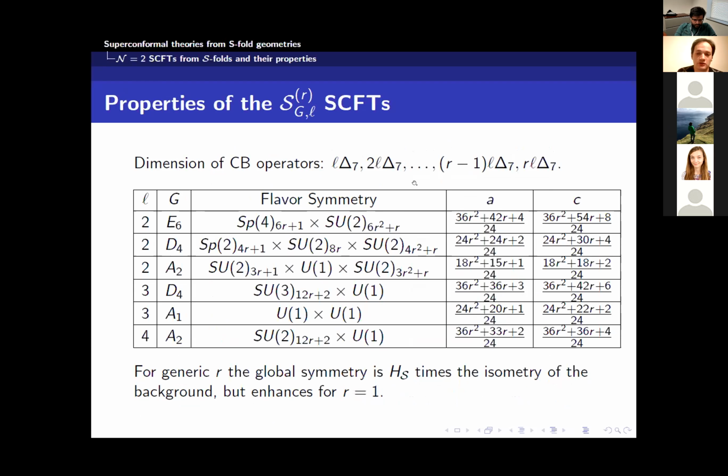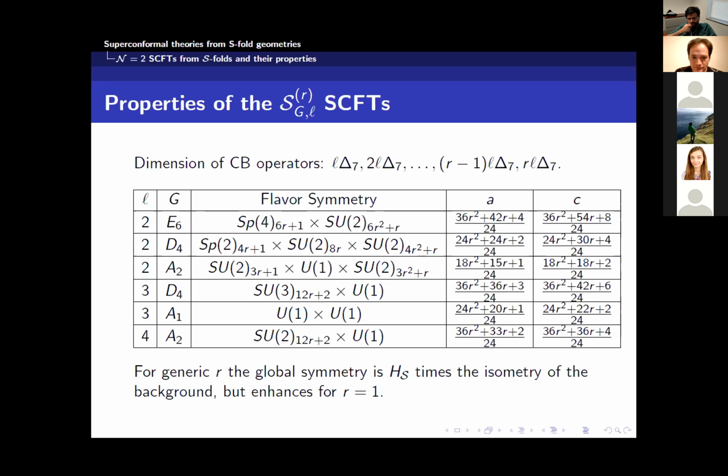The spectrum is almost identical, only the last scaling dimension changes. And here again, the global symmetry is for generic rank, H_S times the isometry, and we get an enhancement in the rank 1 case. Good.